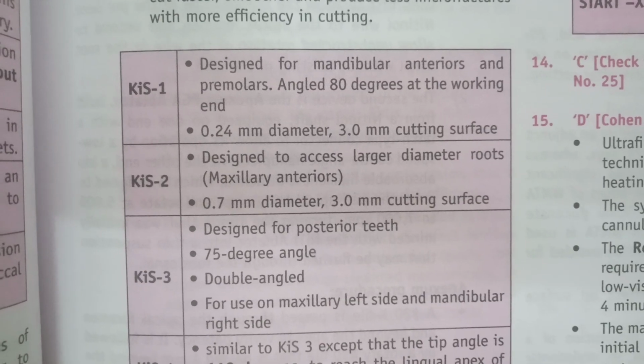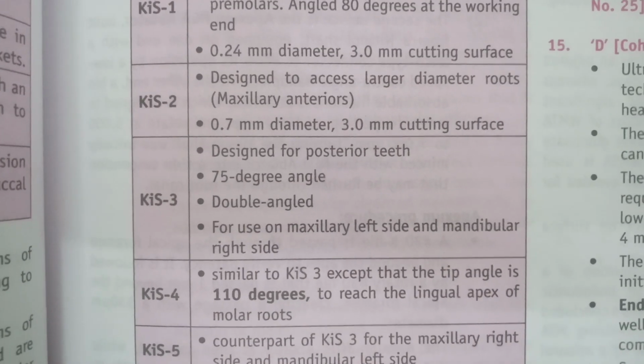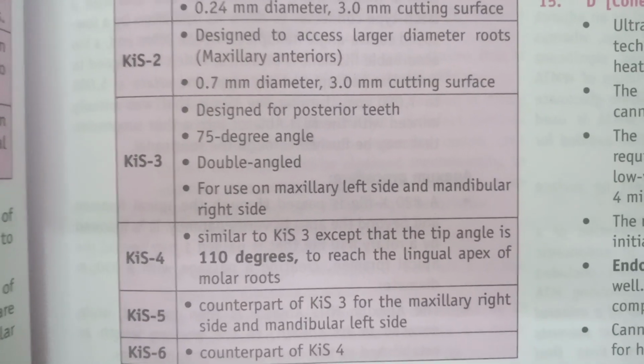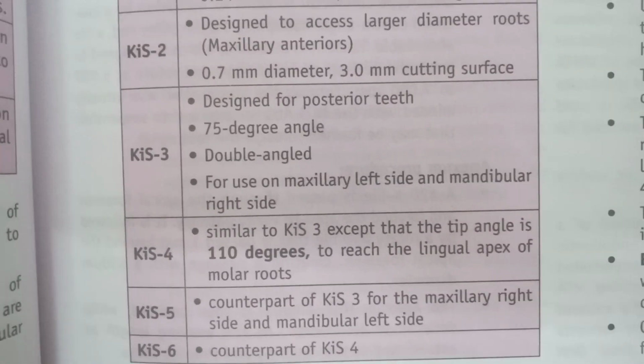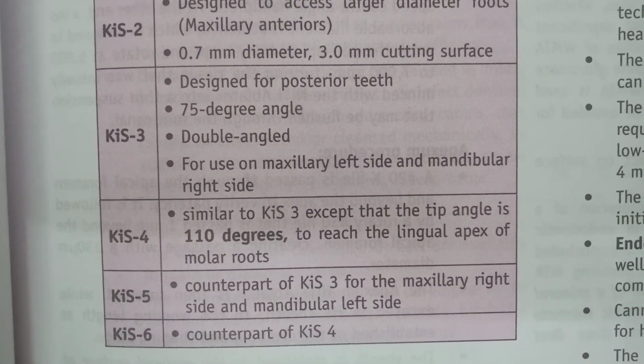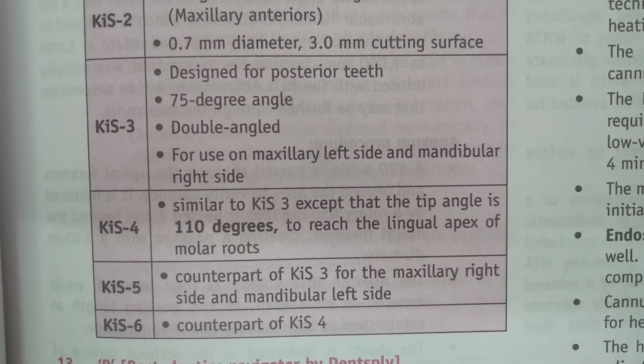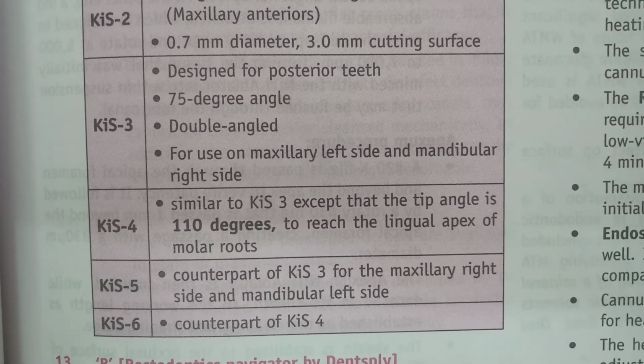Now KiS4 is similar to KiS3 except that the tip angle is 110 degrees to reach the lingual aspect of molar root. Now KiS5, counterpart of KiS3 for the maxillary right side and mandibular left side.